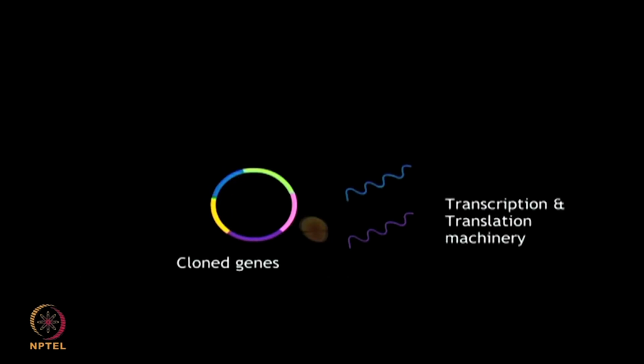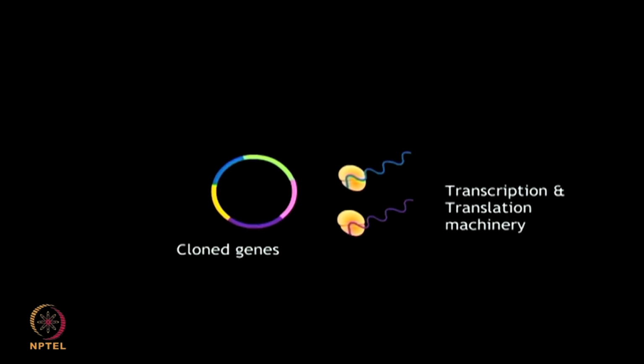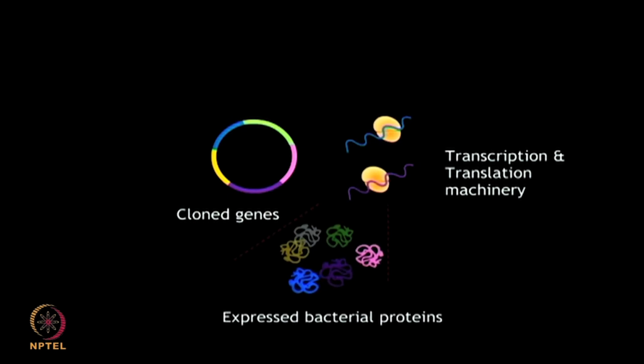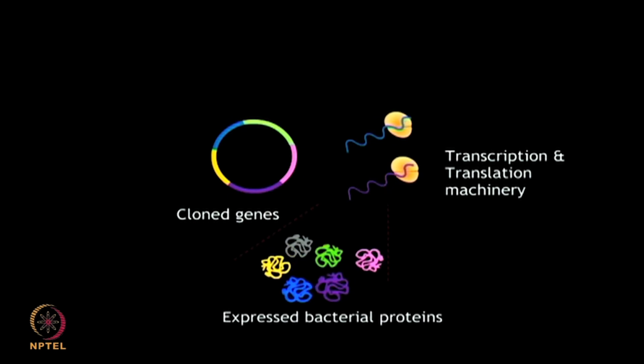These clones were grown overnight at 37 degrees centigrade in antibiotic containing medium, after which the protein expression was induced by addition of IPTG. The cells were harvested 4 hours after induction and then protein was purified.